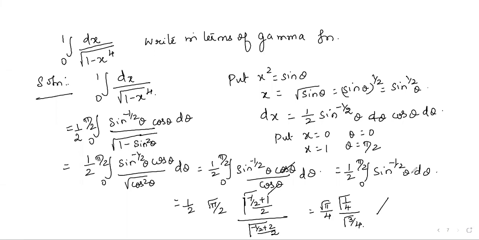That means by using integral 0 to pi by 2 sine power px cos power qx dx, we know the relation between beta and gamma function.